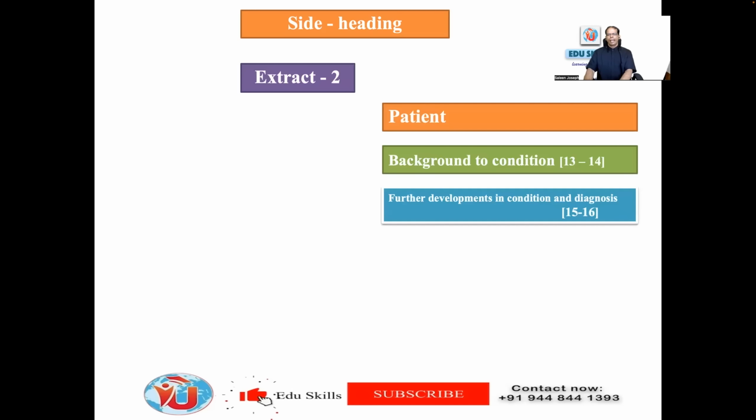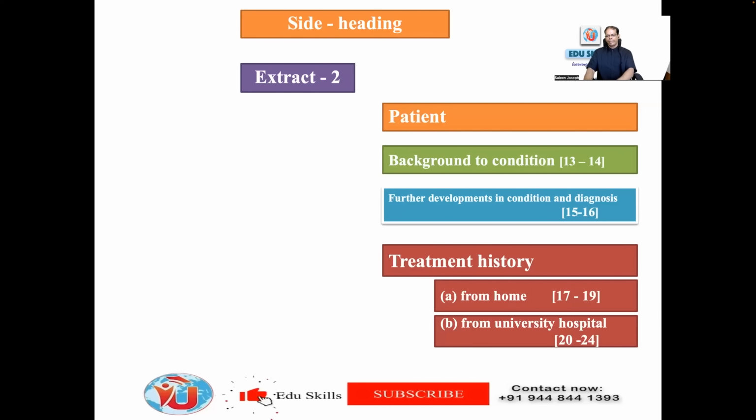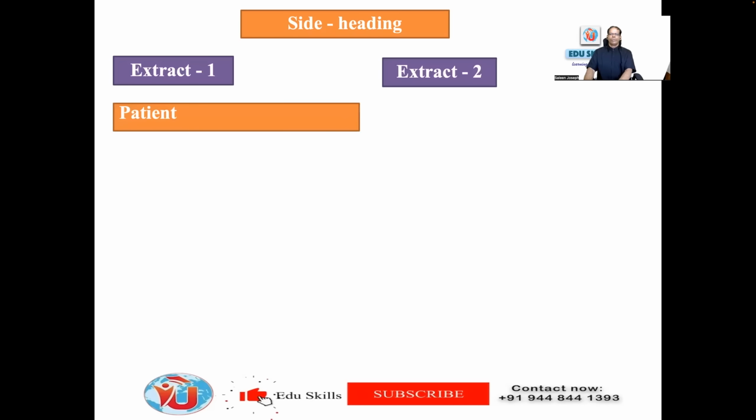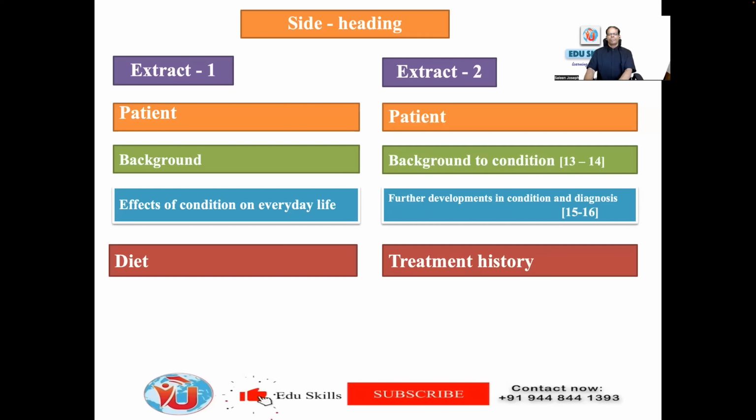Okay. In the second extract, you had patient background to condition, questions 13 to 14. Further development in condition and diagnosis, questions 15 and 16. Treatment history from home, questions 17, 18, 19. And treatment from university hospital, questions 20 to 24, 5 questions. So that was the side headings, what you can speak about. See, almost there is a sequence for everything.